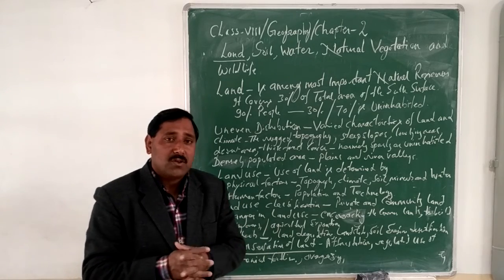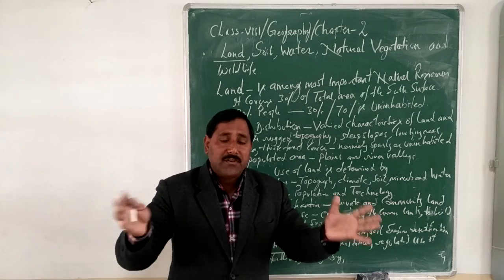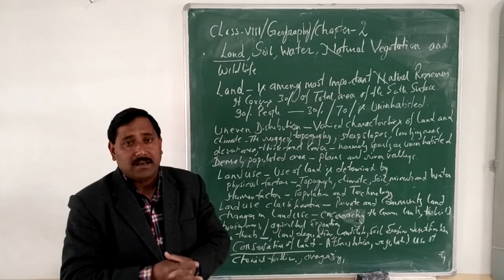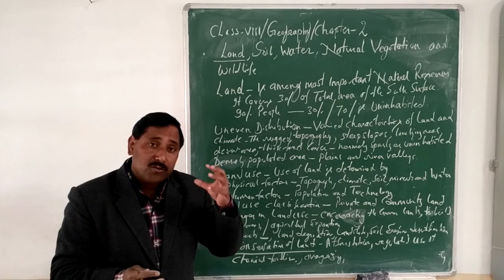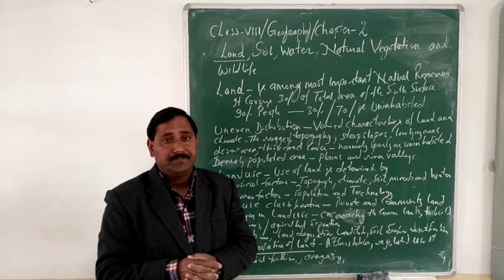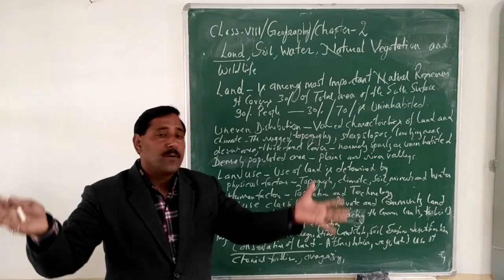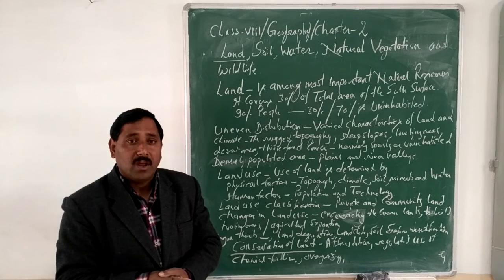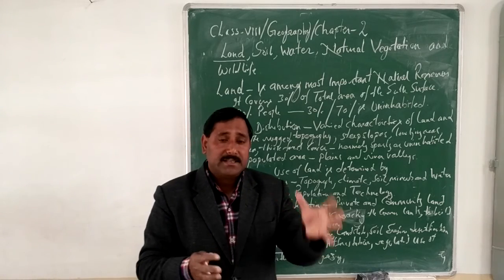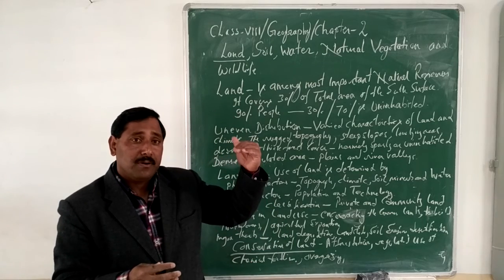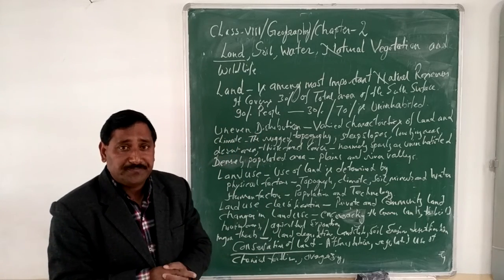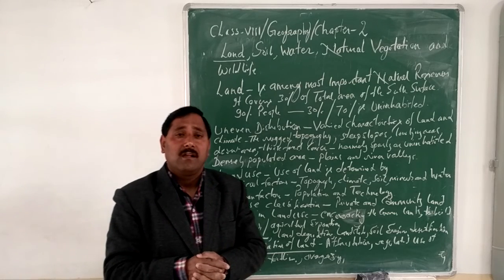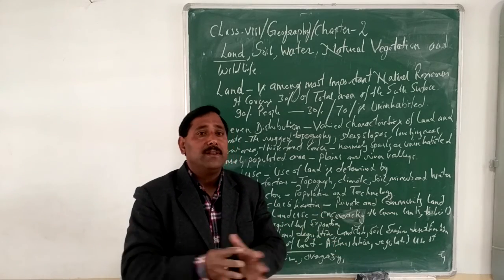In those areas where land is very fertile and water is available, it supports more population. Large numbers of people live there. And where there are tough terrains like deserts, steep and sloping mountains, rocky areas, marshy areas, very few people live.